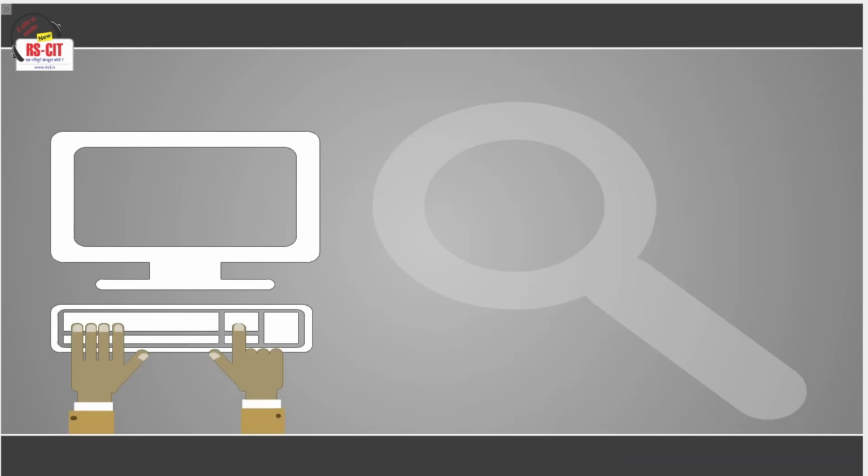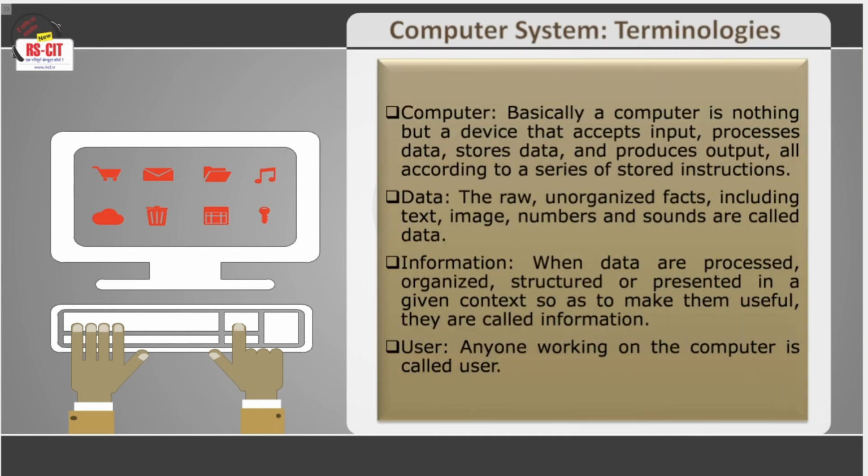Computer system terminologies. Computer. Basically, a computer is nothing but a device that accepts input, processes data, stores data and produces output, all according to a series of stored instructions. Data.